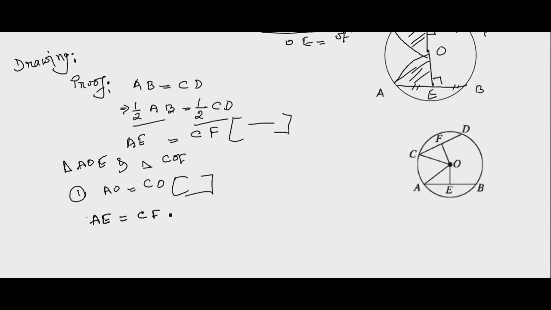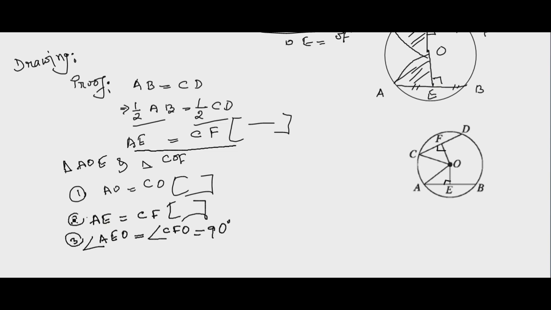AE is equal to CF. We can write it from there. And finally, we have angle AEO is equal to angle CFO, and both of these angles will be 90 degree, as we have drawn this here.